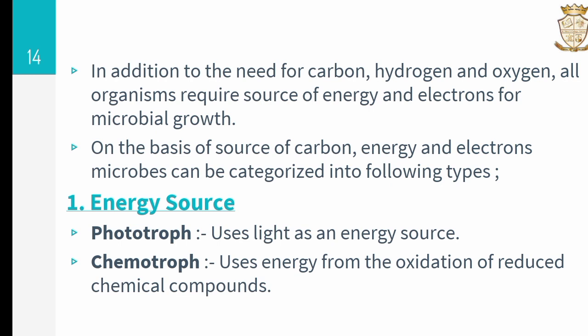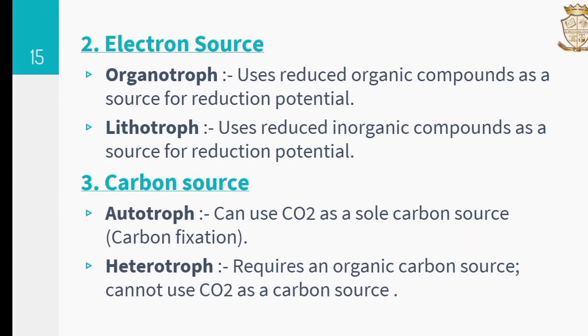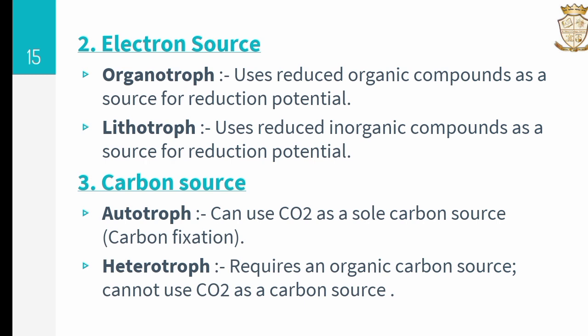Based on the energy source, they are categorized into phototrophs and chemotrophs. Phototrophs use light as a source of energy, while chemotrophs use energy from the oxidation of reduced chemical compounds. The second one is electron source. They are categorized into organotrophs and lithotrophs.